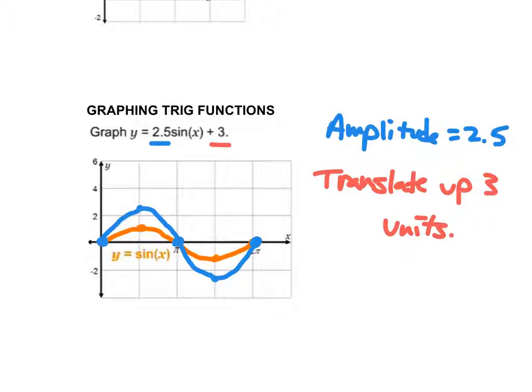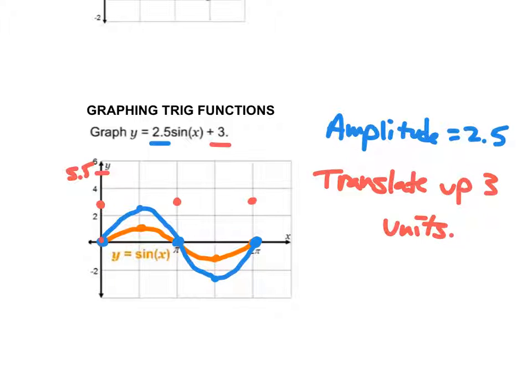So instead of this being the point 0, 2.5, we're going to add 3 to that, and that's going to be 5.5.